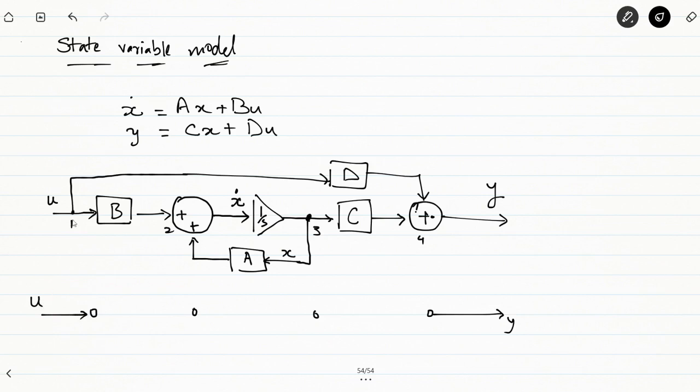Fine. So at this point you can see actually we have a pickup point.